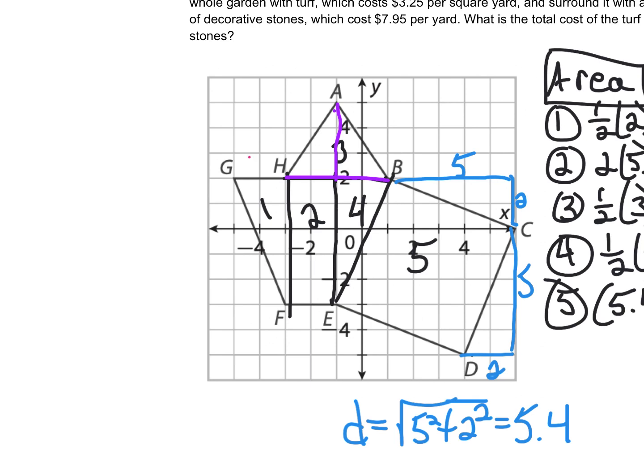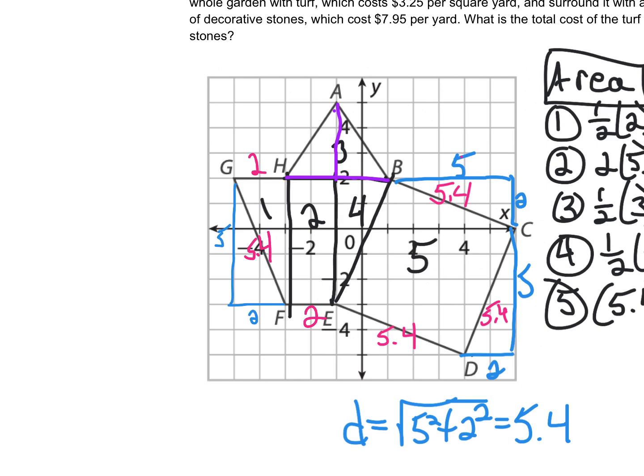Okay. So perimeter 2, that's a 2, that's easy enough. We already know that this side is 5.4, and this side is 5.4, and this side is 5.4. This side is 2. Okay, that just leaves me a couple other sides to do. So 1, 2, 1, 2, 3, 4, 5. Again, that one's 5.4. Well, that makes it easy.